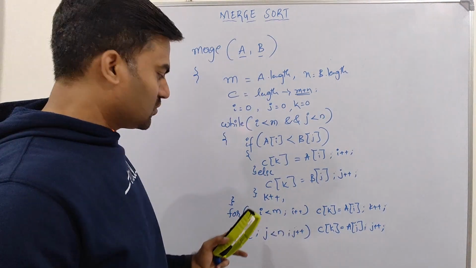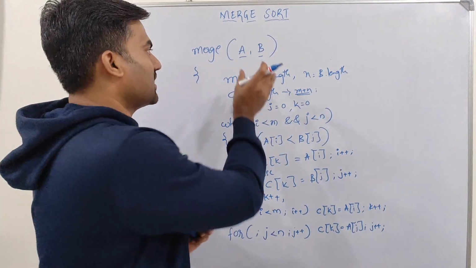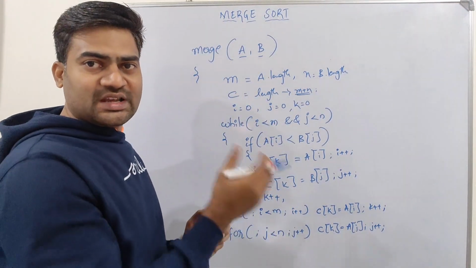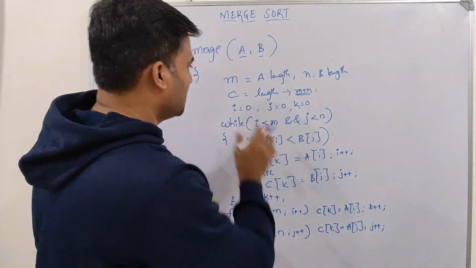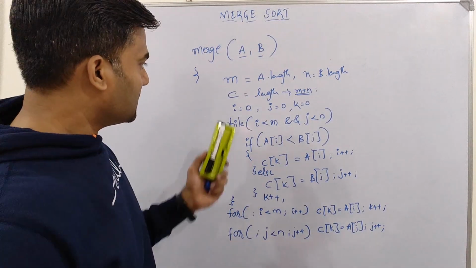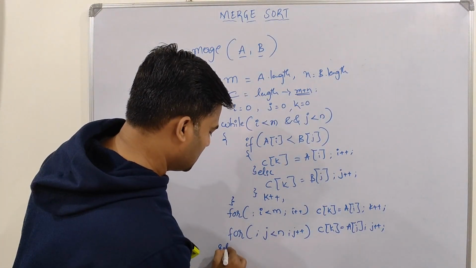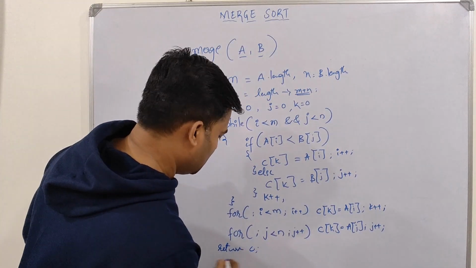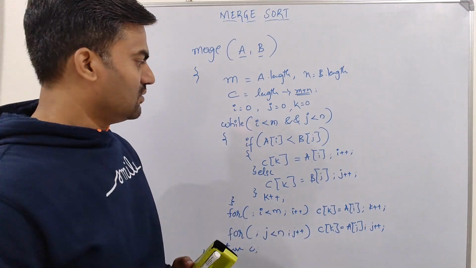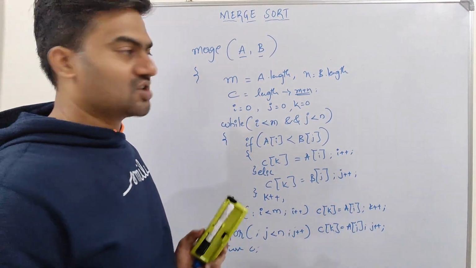So what these two loops will do, they will check if at all anything is left from either array A or array B, then they will copy those elements into the third array. Okay, so once everything is done, we can simply return our C, which is the merged array. So now this is our pseudocode for merge procedure.